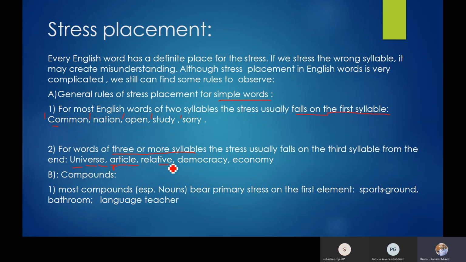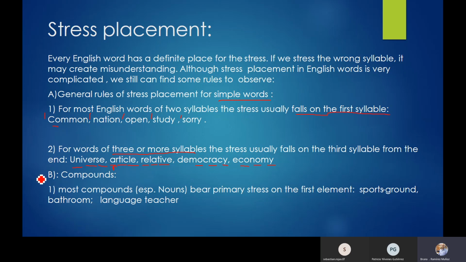Relative, exactly the same. One, two, three. The third syllable from right to left is the one stressed. Democracy, one, two, three. Democracy. Economy, one, two, three. So in general, words that have three or more syllables will be stressed on the third syllable from right to left.